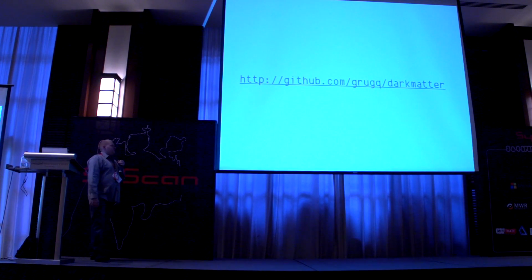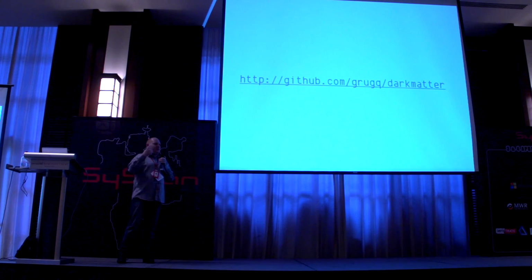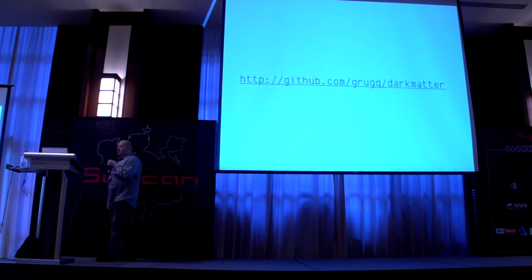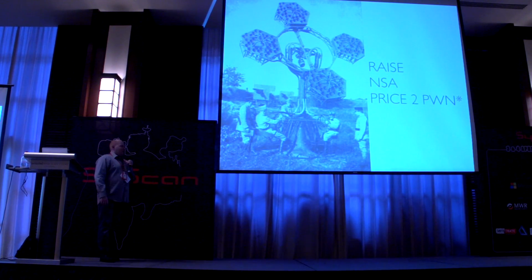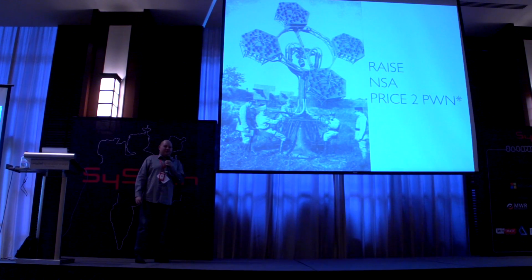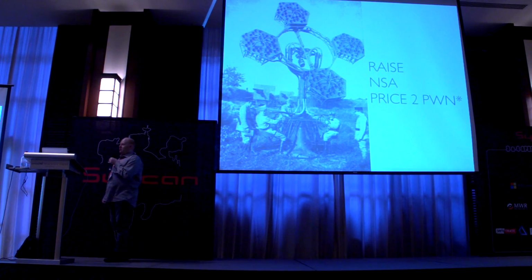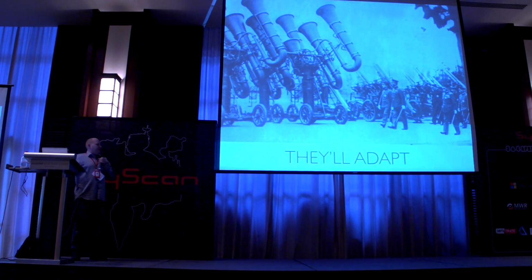And it's open source. You can go and get it on GitHub as soon as I take this not private, which will happen after this. And the important thing is that while it will not actually defeat the NSA, it will make it more expensive. So you can hit them where it counts. Probably. Until they adapt.